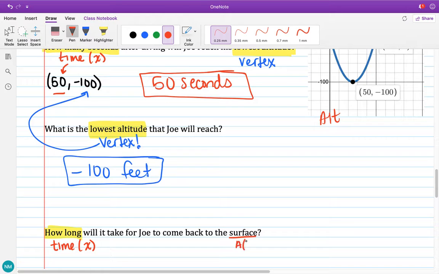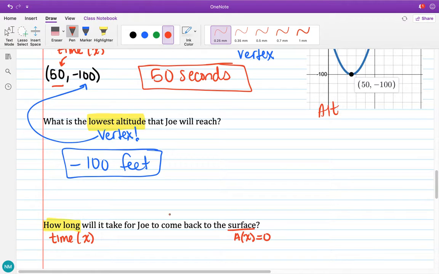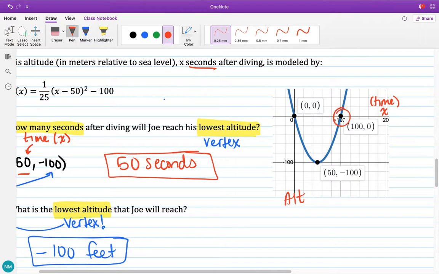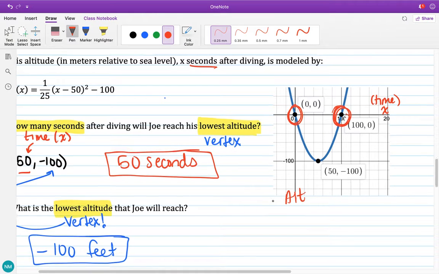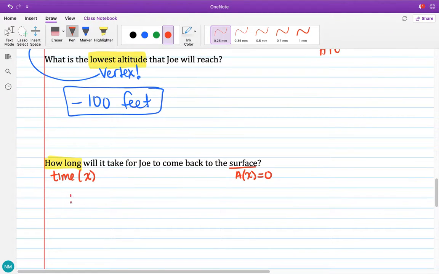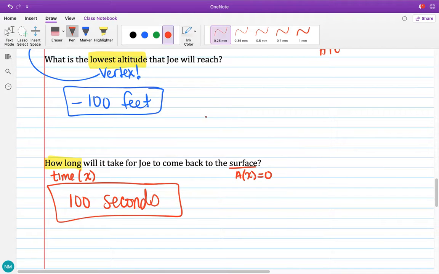So altitude, A of X, is equal to 0. So we're looking for the intercepts. And what are the intercepts here? It is 0, where he started, but this is when he came back to the surface. So it's at 100. 100 seconds, which is what, a minute and 40 seconds? So it's not that long.